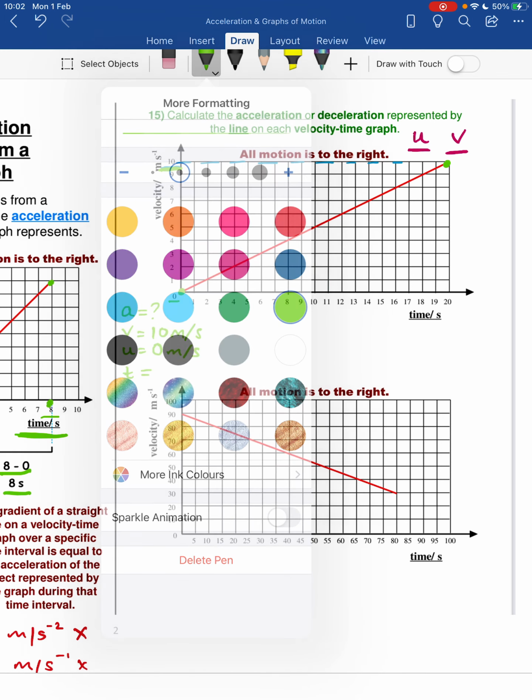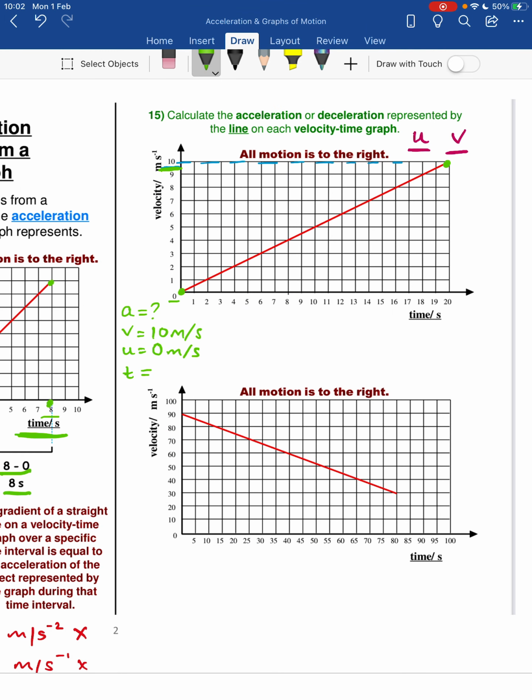The last bit of information we need from the graph is the time. So we look at the bottom axis, the x-axis, for time. We can see that the diagonal line starts at 0 seconds and finishes at 20 seconds. So time is 20 seconds.